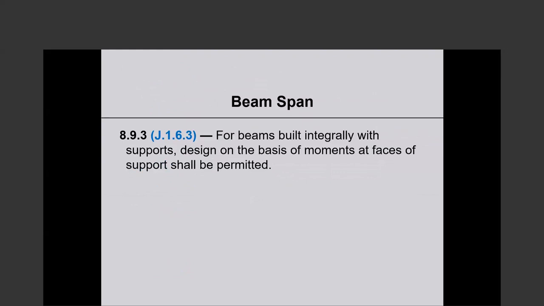This is what we do all the time. Okay, the joints are treated as so-called rigid zones. We calculate beam moments at the faces of the columns, and we design on that basis.